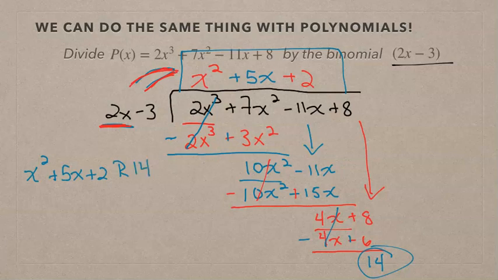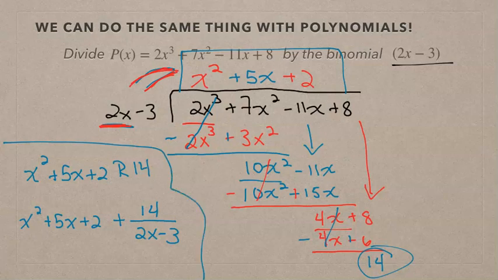Or you could say x squared plus 5x plus 2 plus, because that 14 is positive, 14 divided by 2x minus 3, the remainder over the divisor, just like we did in the last example. Okay, you'll see both of these represented some way. So sometimes I'll use this big R, sometimes I'll use this fraction thing, but they mean the same thing.